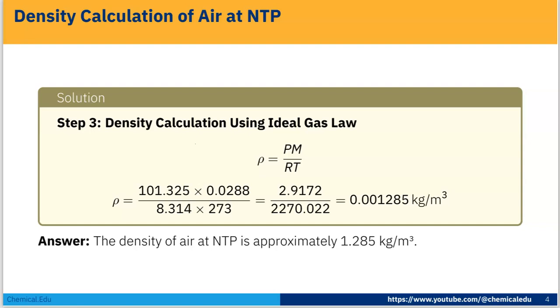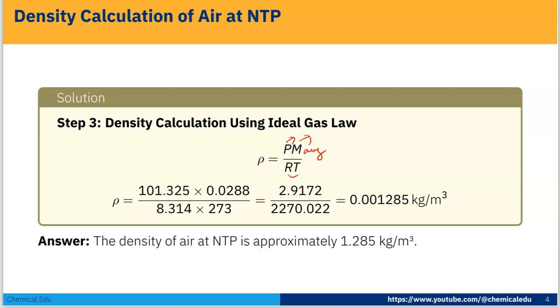Now density calculation using ideal gas law. So we know the density is nothing but PM by RT. So P is the pressure, M is the average molecular weight, R is the universal gas constant, and T is the temperature.